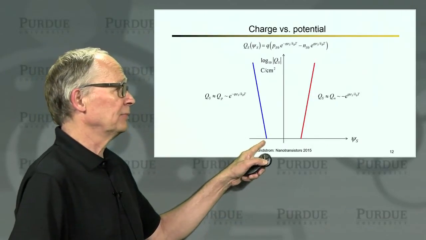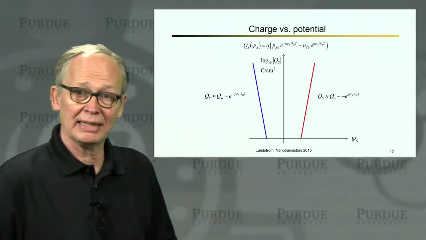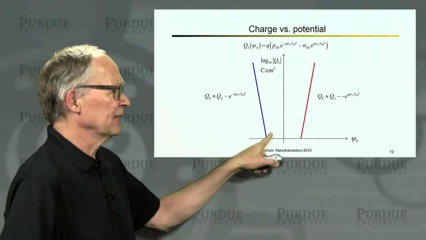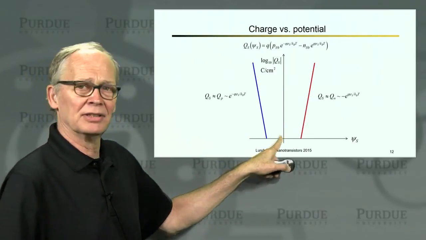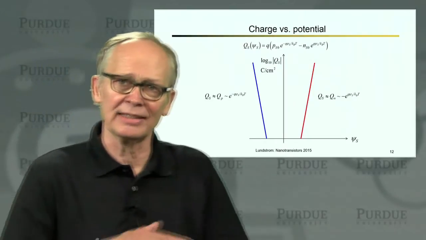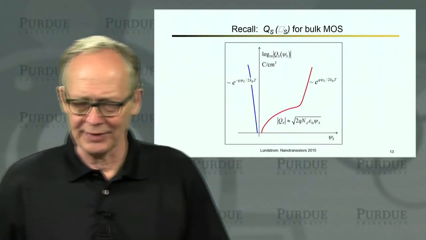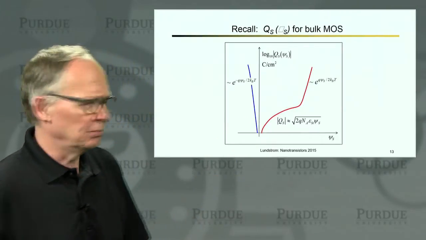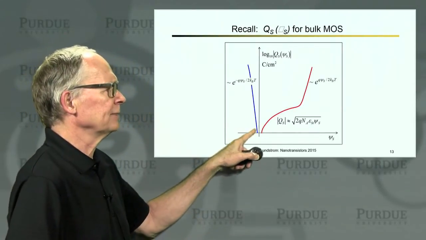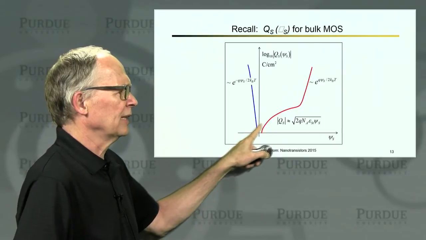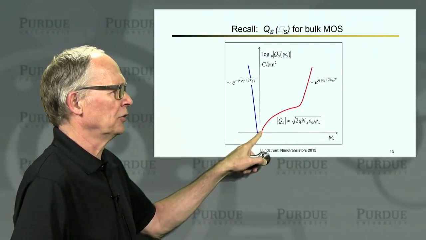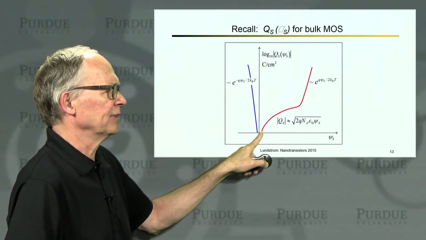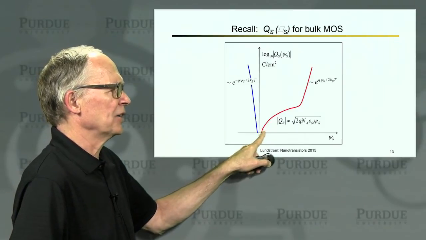If I apply a negative potential, holes pile up and I get a positive charge. Remember, this is a log plot, so I can't go down to 0. Log of 0 is minus infinity, so I just cut it off at some finite value. If we compare that to the bulk, the bulk expression looked like this. Now I'm being a little more careful down here. The charge can't go to 0 because log of 0 is minus infinity. So we start at some finite charge value.